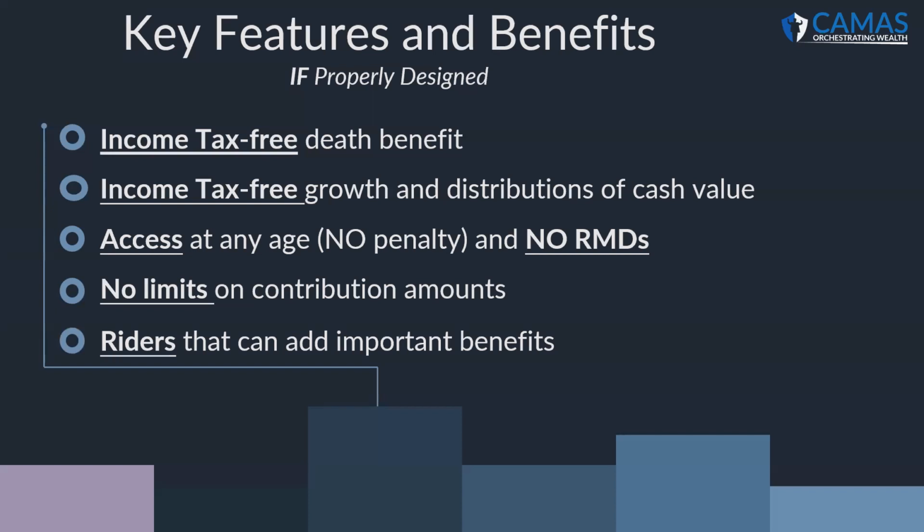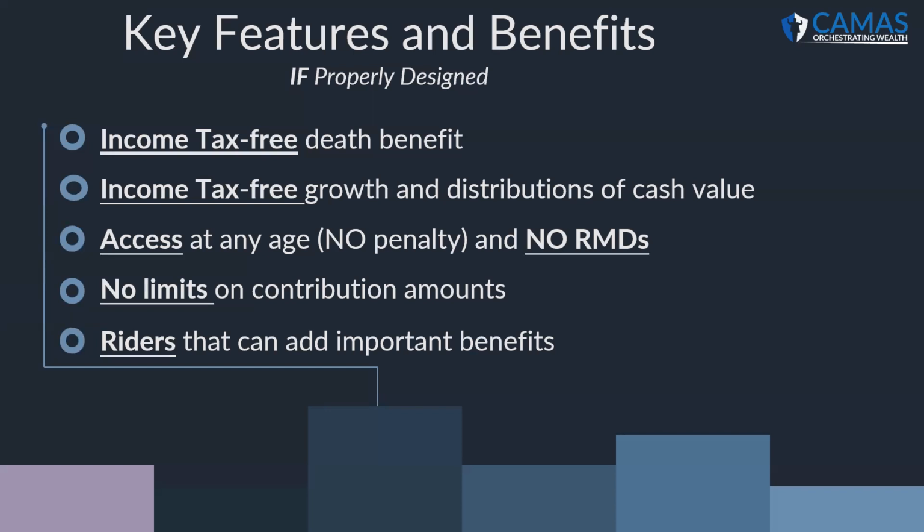There again, one of the newest evolutions in the insurance industry are riders that you can add to the policy. These riders can provide for long-term care benefits. They can provide for terminal illness benefits. If you're going to die within the next 2 years, you can access that death benefit now versus later.